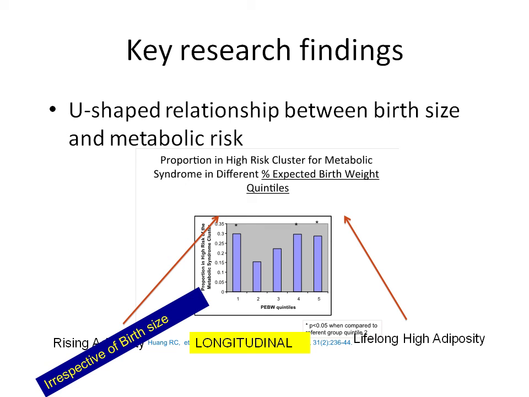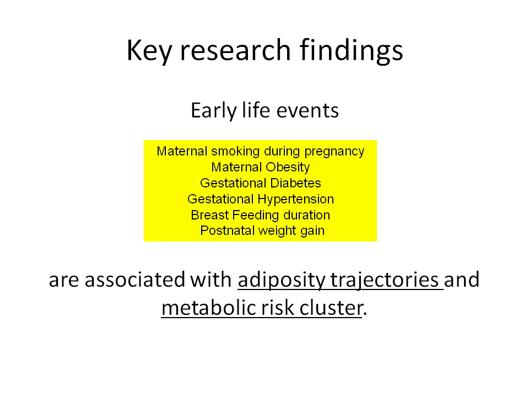We also saw that early life events such as maternal obesity, gestational diabetes, gestational hypertension, breastfeeding duration and maternal smoking during pregnancy were associated with these adiposity trajectories, as well as the metabolic risk cluster.